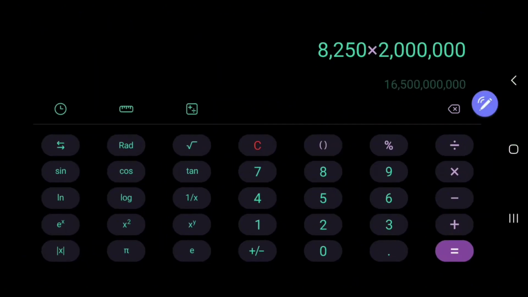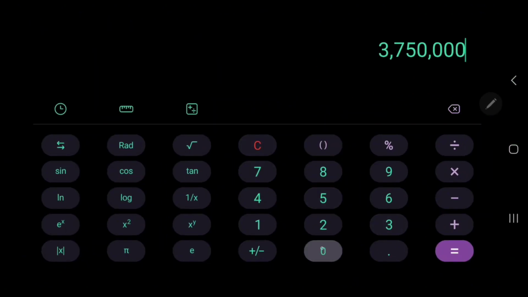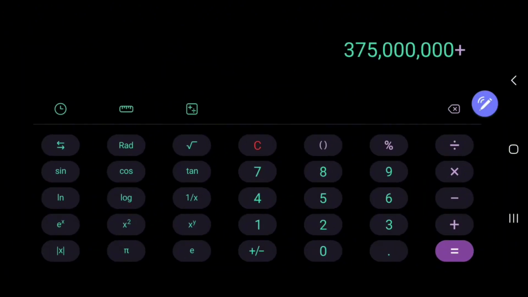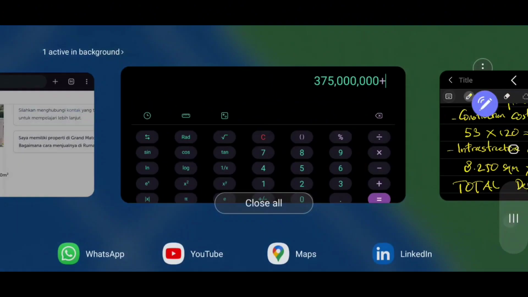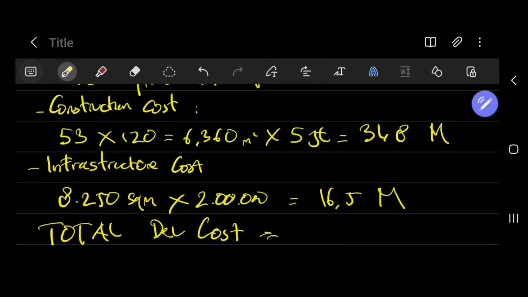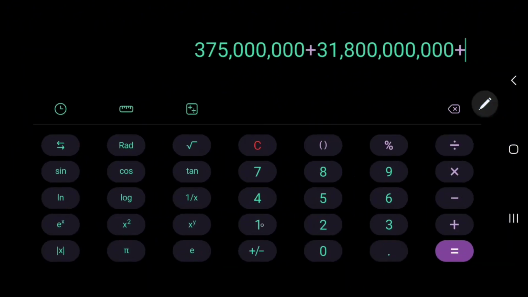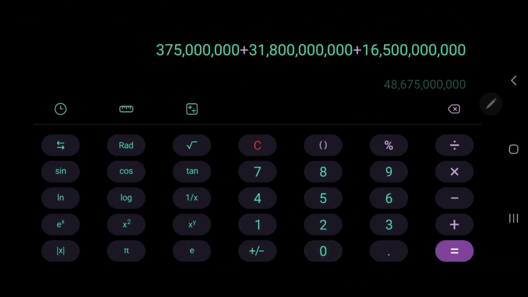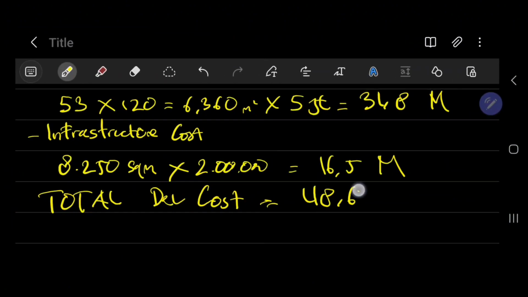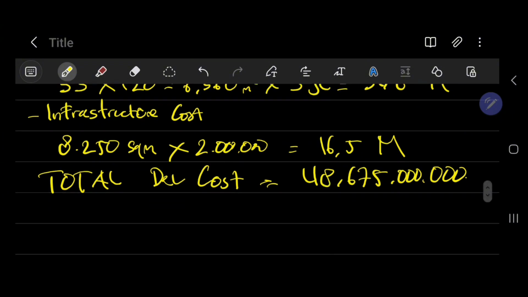Okay, next, this is the total development cost. We just sum each of them: 375 million, we add the construction cost, 31.8 billion, and we add the infrastructure cost. Okay, and the total is 48.675 billion, 48 billion basically, but it's not the total development cost yet.